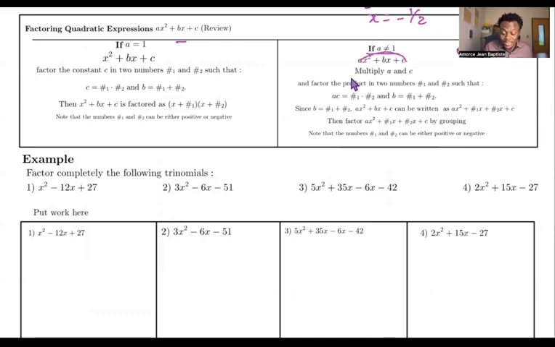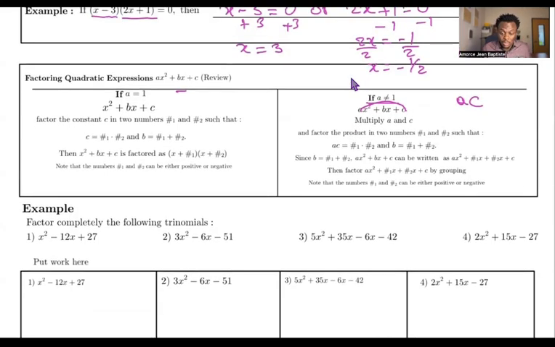You need two numbers, number 1 and number 2, such that the sum is B. And now you can separate the BX as number 1x plus number 2x, because number 1 plus number 2 was B. Then you would have an expression like this one, where you can factor by grouping. So we're going to try to practice this in the next example.